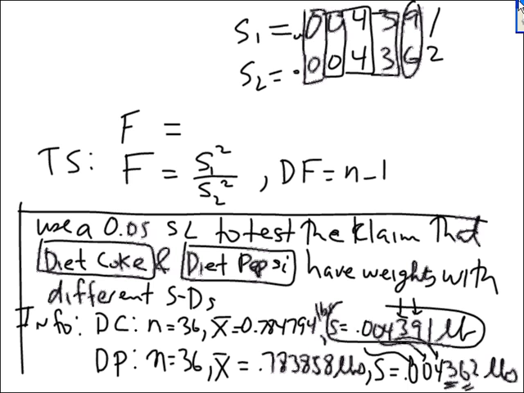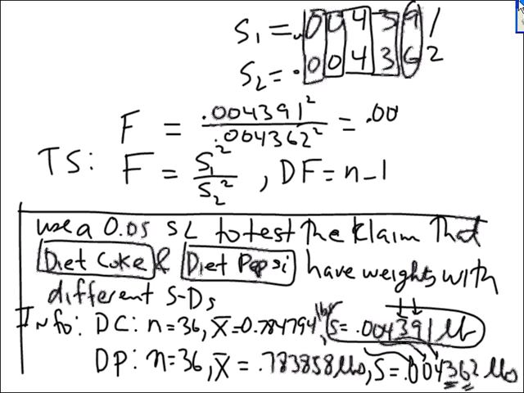So F is going to be 0.004391 squared divided by 0.004362 squared. If you remember your algebra, since we're squaring both numbers, if you want to save a little time and energy, you can do the division first and then you can square it.